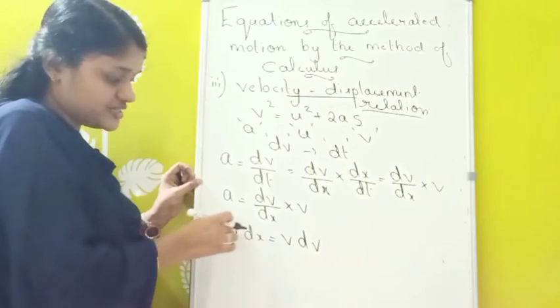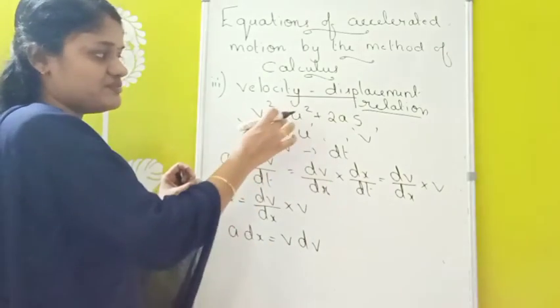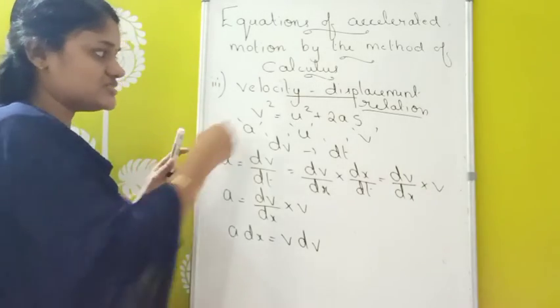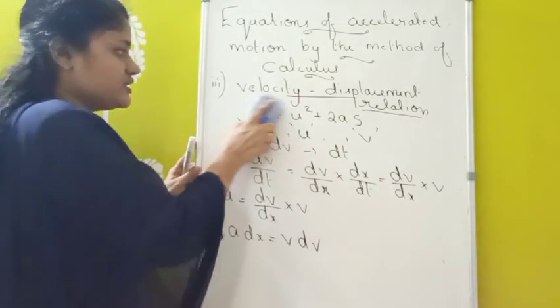What we have to do is integrate both sides and find the relation v square equals u square plus 2as. That means by the method of calculus we are deriving this equation. So now we have to integrate.